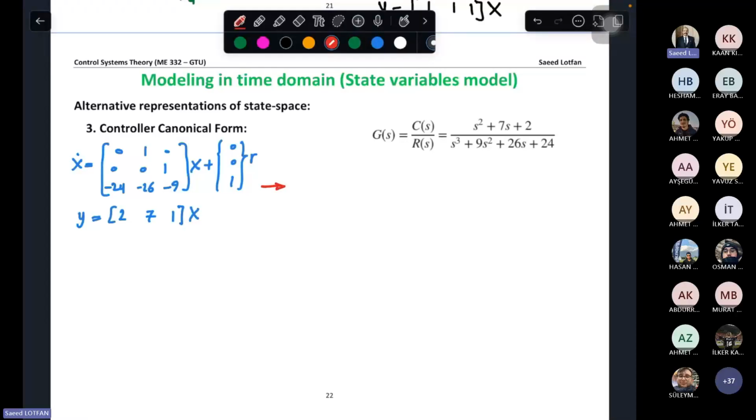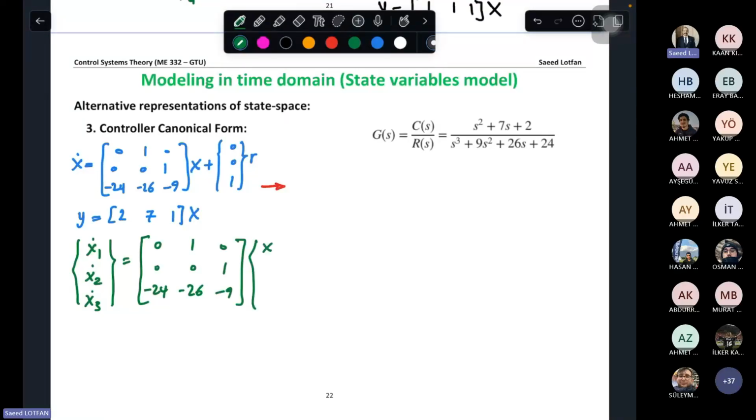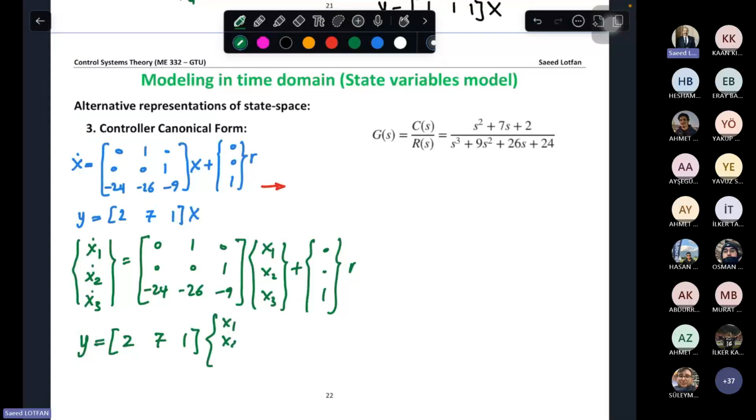If we had x dot 1, x dot 2, x dot 3 equal to the phase variable 0, 1, 0, 0, 0, 1, minus 24, minus 26, minus 9, x1, x2, x3, plus 0, 0, 1, r, and y is 2, 7, 1, x1, x2, x3.